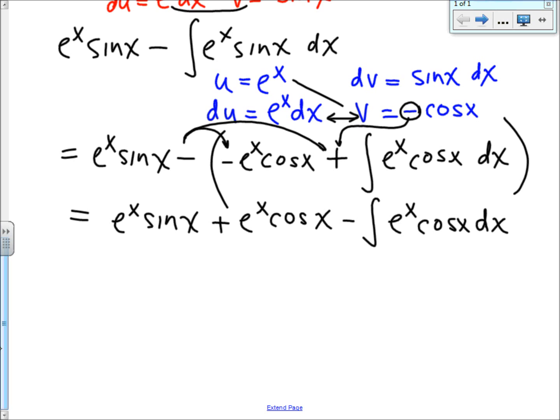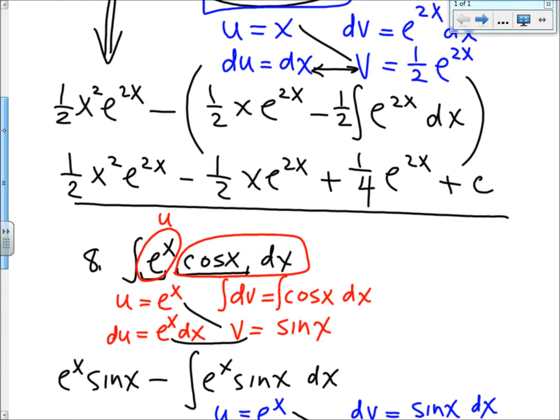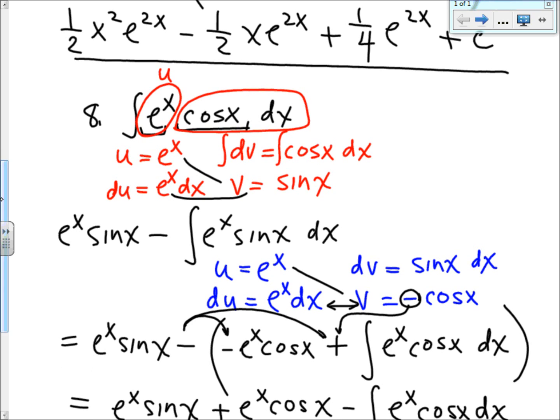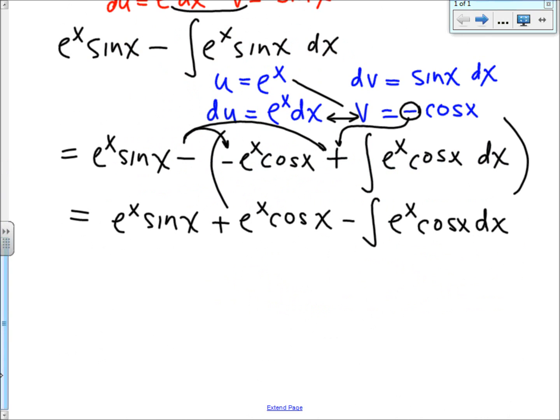What am I trying to find the integral of? Let's go back up here. I'm trying to find the integral of e to the x cosine x dx. So what that means is this whole line right here represents the integral of e to the x cosine of x dx.